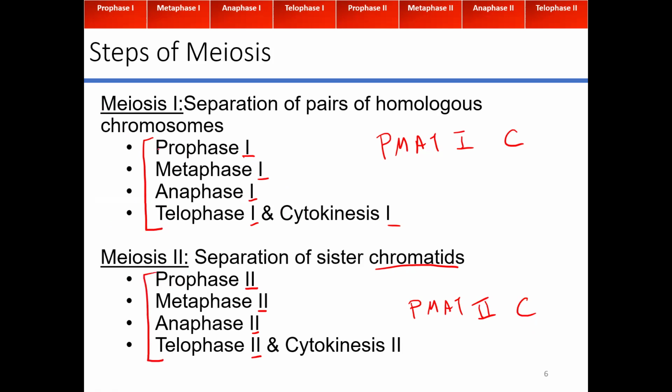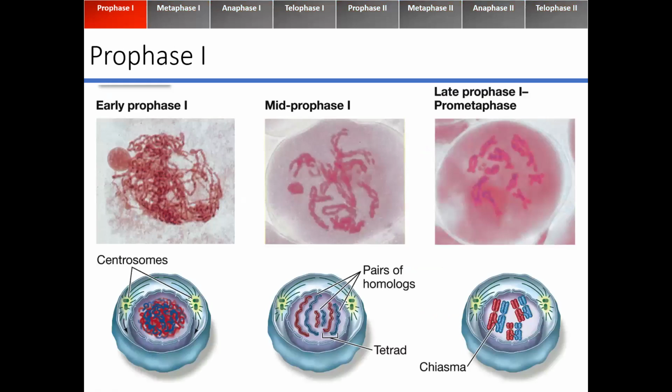So again, we're going to have the condensing of chromosomes, the middle part, away, total separation, all of those things. But we're going to take a look at these just as a quick refresher. So this is going to be prophase 1. Remember, when it comes to prophase, one of the main things we want to do is dissolve that nuclear envelope, which you can see over here. It's disappearing. And you can also see that our DNA here is condensing down. So you can see it's very, very stringy over here in our early phases of prophase 1.